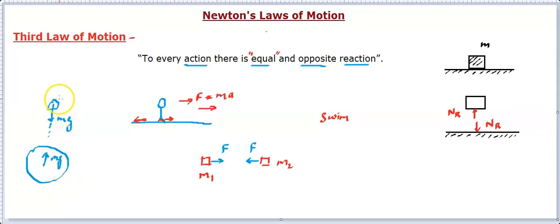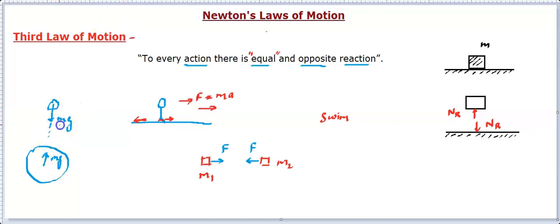So when you have any object with mass m, mg is the force with which the earth pulls the object, and the object also pulls the earth by the same mg. This m is of the object, not of the earth. For the earth this force is not visible, since the earth has a high inertia and does not move towards the object. So they are also equal and opposite.